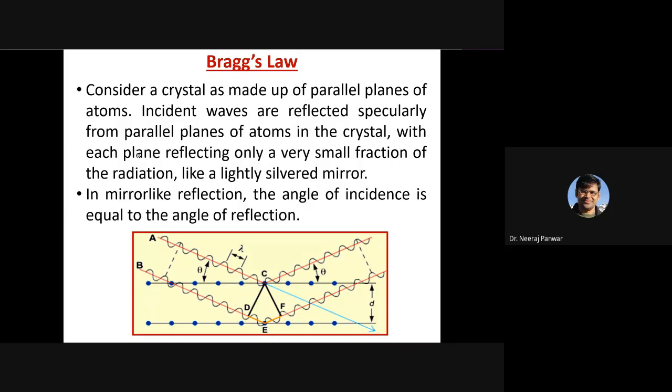Each plane reflects only a small fraction of the radiation, like a lightly silvered mirror. In a mirror-like reflection, the angle of incidence is equal to the angle of reflection. So this is the X-ray that is incident on this particular set of planes, and this ray is reflected in this direction, and this ray is reflected in this direction.